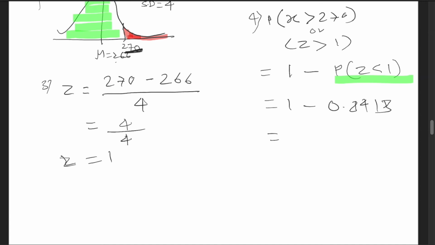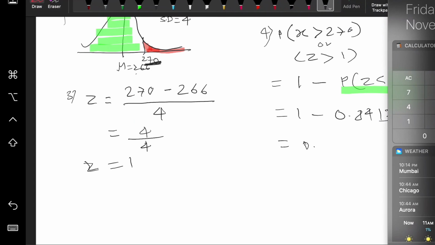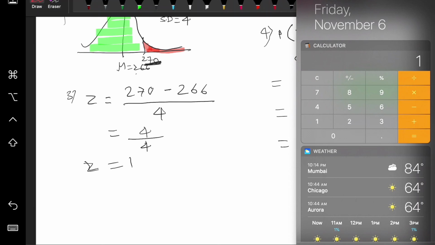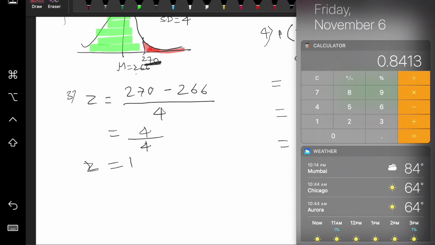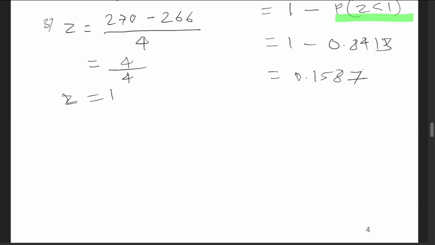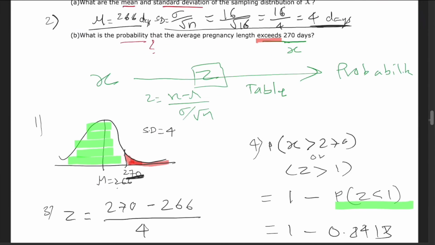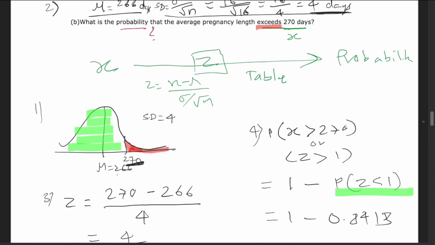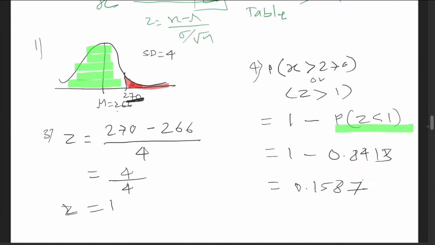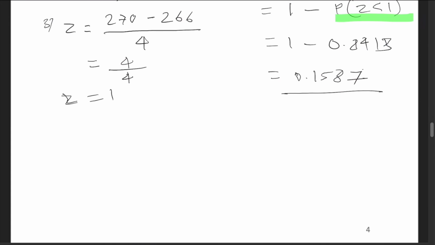You do the subtraction and you get the final answer, 0.1587. So in words, the probability that the average pregnancy length exceeds 270 is 0.1587.